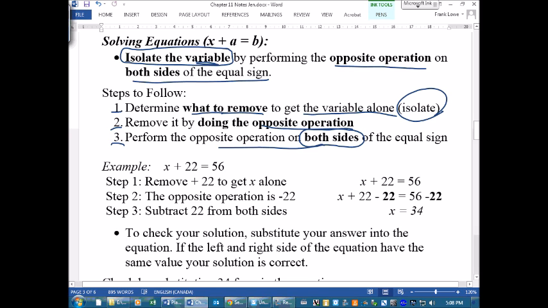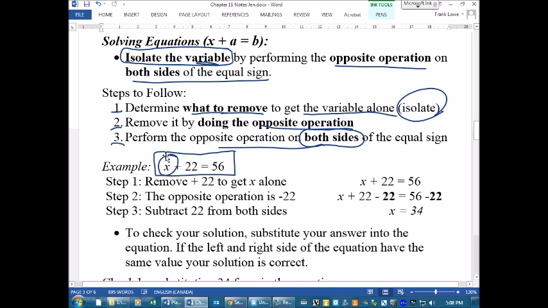If this looks a little wordy and overwhelming, just hold tough, because later on I'm going to make it a little more clear. So here's a nice, clean little question: x plus 22 equals 56, and we want to figure out what x is. Well, I know you already know it's 34 just by looking at it. But you have to practice getting the variable all by itself.